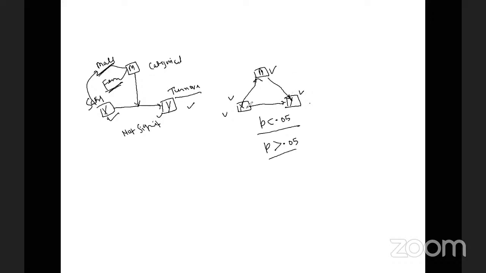Then this relationship becomes insignificant. It means the mediator affects the relationship between the two variables. So if the relationship after mediation is not significant, then it means the mediator variable is working. If it is still significant, then it is partial mediation.